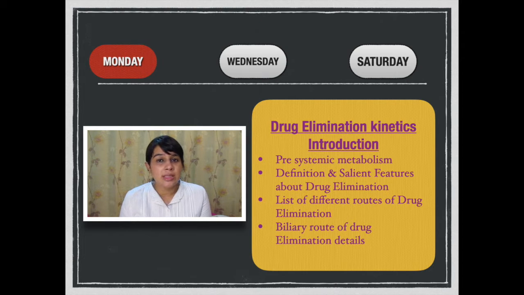Then I summarized some important points about the first pass metabolism. Let's get to know them quickly. For the drugs having high first pass metabolism, you need to be cautious. You have to give the oral dose in high amount as compared to the parenteral routes. Patient having a liver pathology will have a high oral bioavailability.